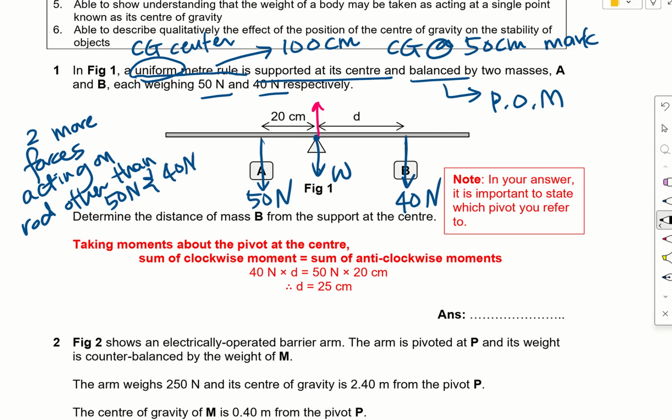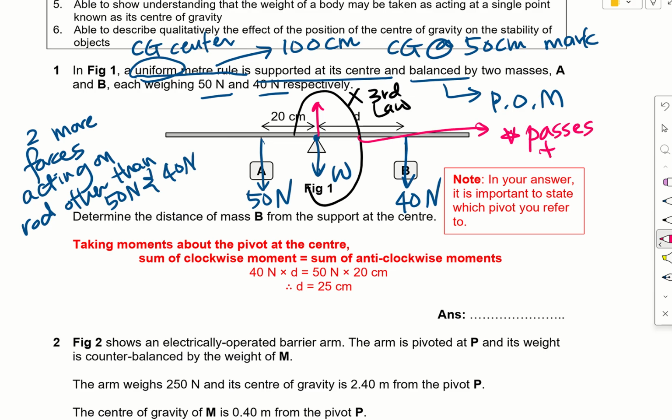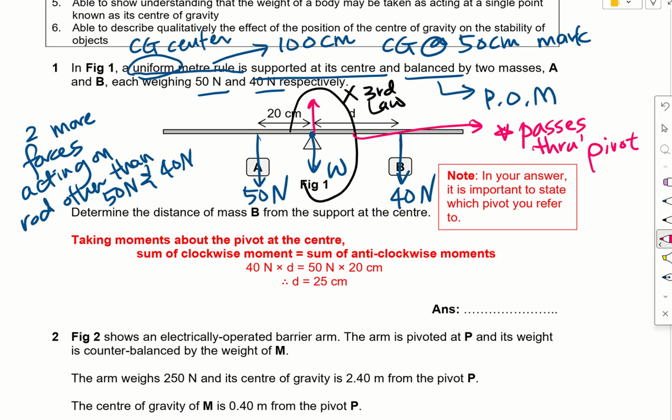Take note, these two, although they are equal in magnitude and opposite direction, they are not a pair of Newton's third law, action and reaction forces. Okay, and the reason why we are not later going to use these forces in our calculation in moments is because, very important, these two forces pass through the pivot, or are acting at the pivot point.